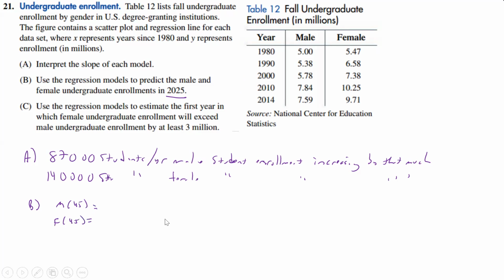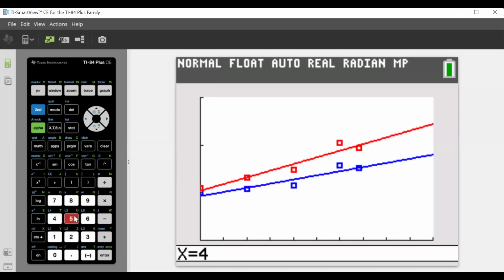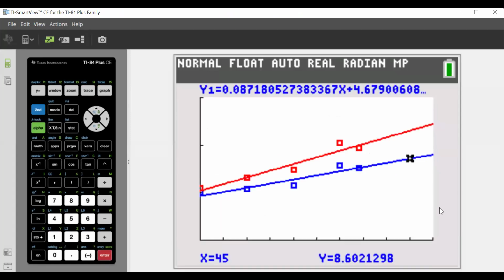So what we can do is go back to our calculator. That's probably going to be the easiest one. And we can do second trace, value. We want 45, and it's on the chart, so we're good here. And so that's going to give us for males 8.6 million.